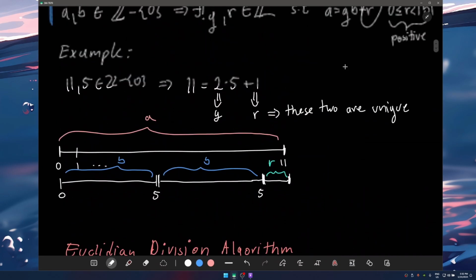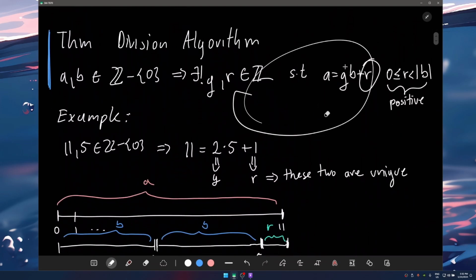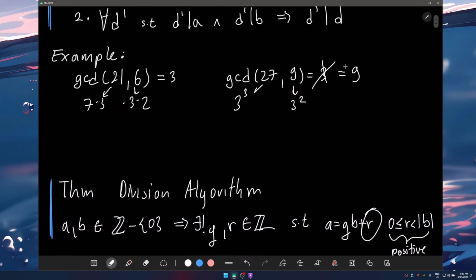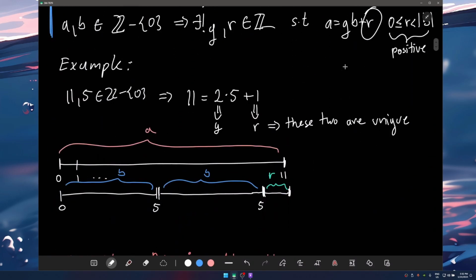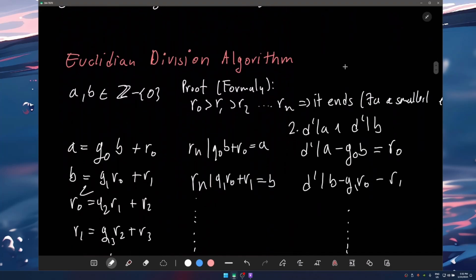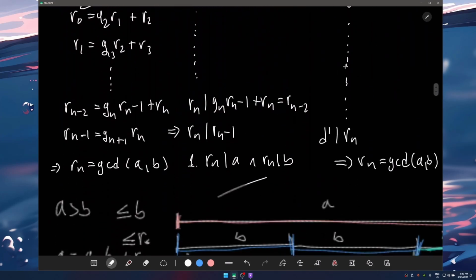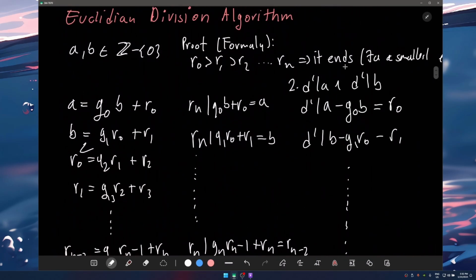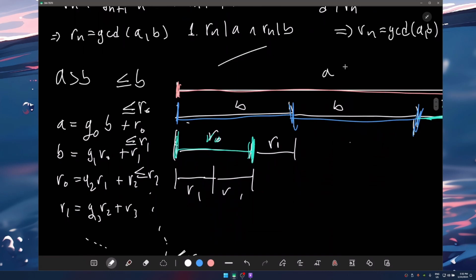And then using this kind of division thing we're doing here, let's try to find the GCD, the GCD we explained right here, of those two numbers. The main idea of this is, well, here I give a formal proof, but I think first I'm gonna explain it intuitively.